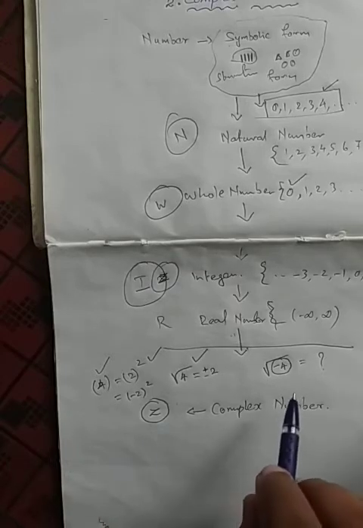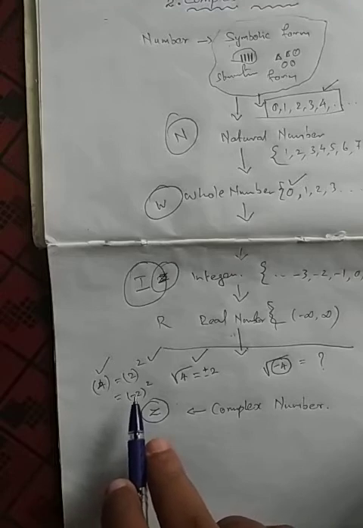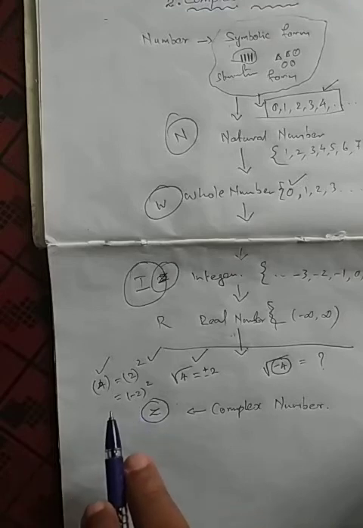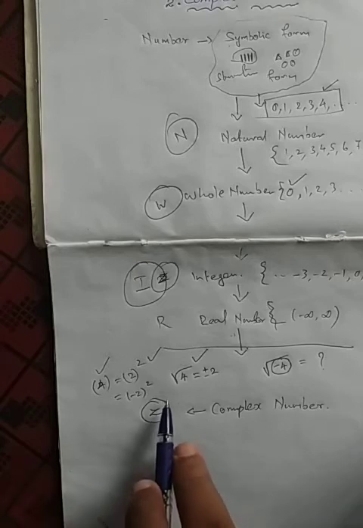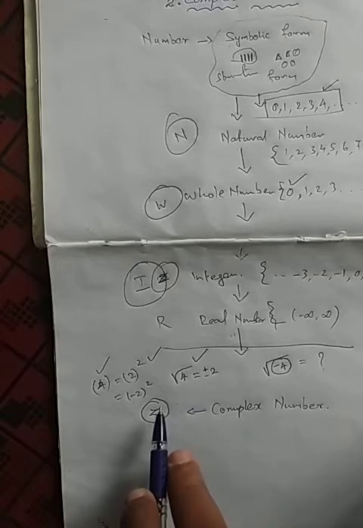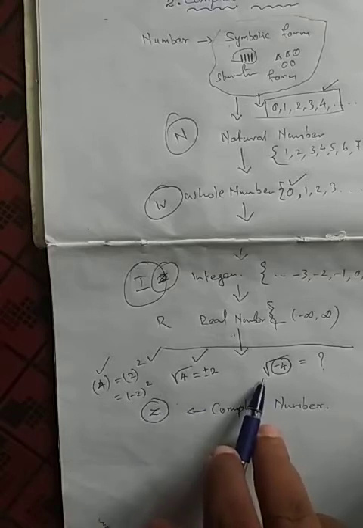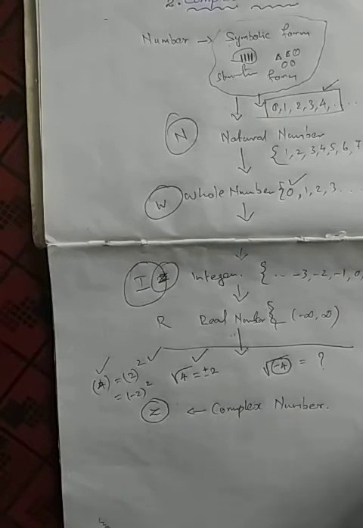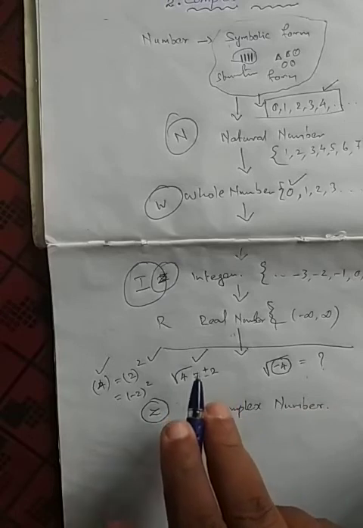Don't say minus 2, because I have explained clearly that if you square 2 the answer is 4, and if you square minus 2, plus 4 only is coming. So the square root of 4 is either plus 2 or minus 2. But now you need to tell me what is the value for root of minus 4. This is not fulfilled by the real number system.